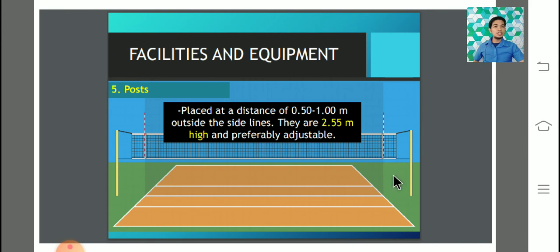So, pwede rin palang 1 meter. Okay? Yung layo niya sa sidelines. Pero, mostly, ang ginagamit sa standard is 3 meters ang layo niya sa sidelines. Okay? At nabanggit dito, it should be preferably adjustable.